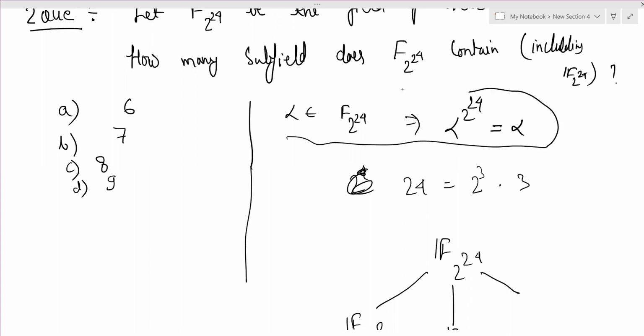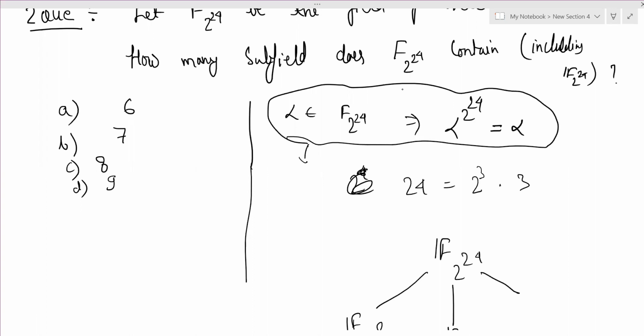If alpha is a member of F 2 to the power 24, then alpha satisfies this equation. So what are subfields? They should be of the form F 2 to the power k. What kind of subfield can you construct?